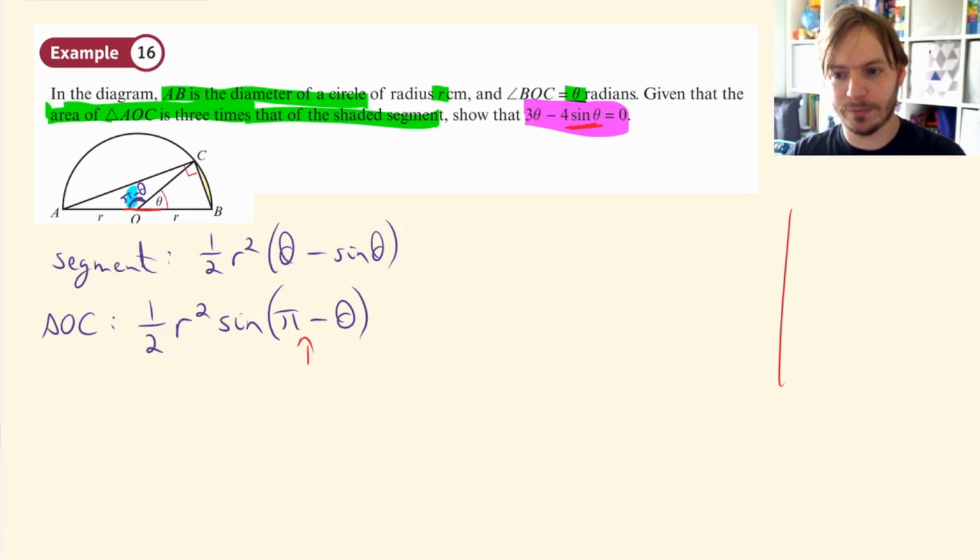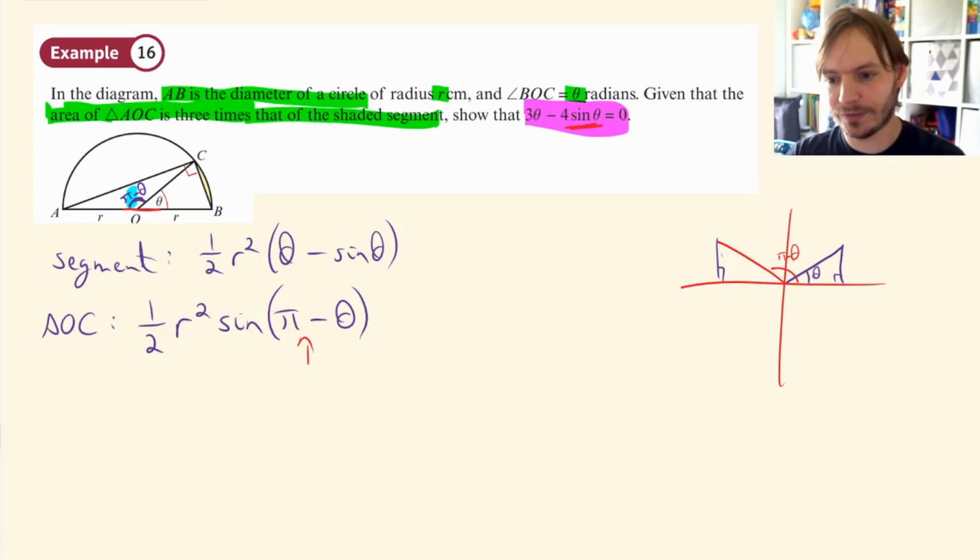So let's just think about our CAST diagram. Sine of pi minus theta, remember that sine is the height of these triangles. Well, where else is sine the same? Really helpfully, it's exactly the same over here where my angle is just theta.